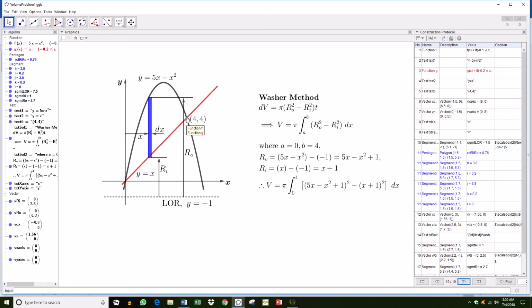R sub O is a vertical dimension. So the best way to get this, please pay attention to this part. The best way to figure out R sub O is, because we are measuring this distance vertically, the y value at the top point minus the y value at the bottom point.